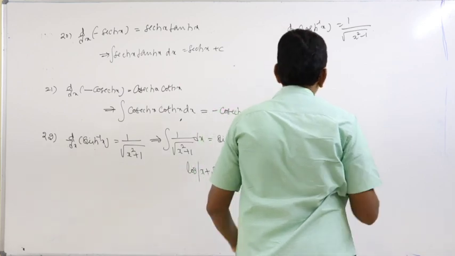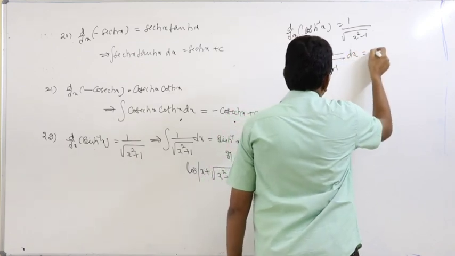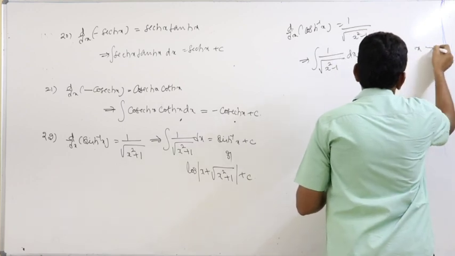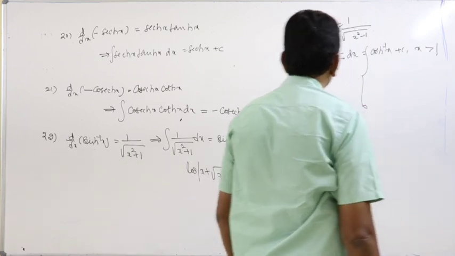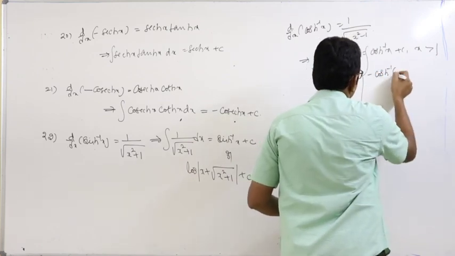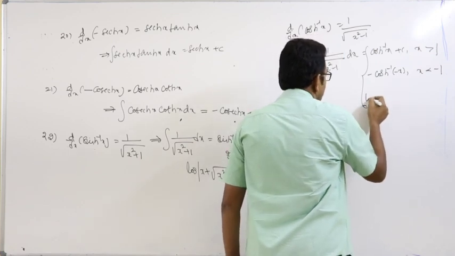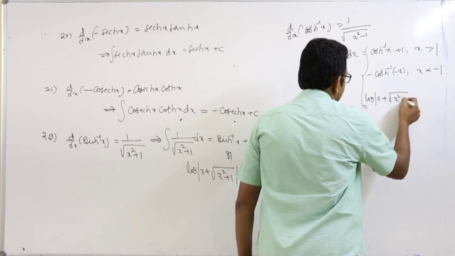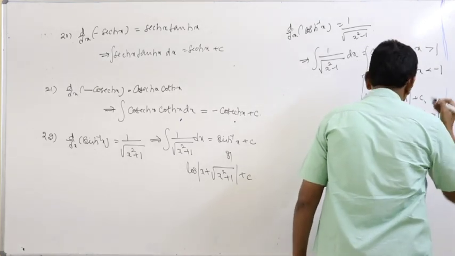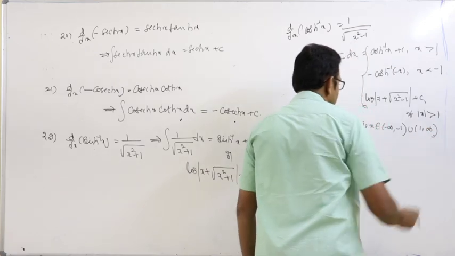This implies the integral of 1 by root of x square minus 1 dx is equal to cosh inverse x plus c if x is greater than 1, and minus cosh inverse of minus x if x is less than minus 1, or log of x plus root of x square minus 1 plus c if mod x is greater than 1, that is x belongs to minus infinity comma minus 1 union 1 comma infinity.